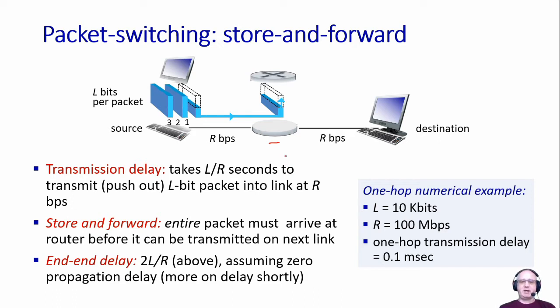I'll point out that some switches also have the ability to do something called cut-through switching or cut-through forwarding, where parts of a packet can already be sent out across the next link even before the tail of the packet has arrived. So a packet that's being pushed out here, when it arrives here, part of the packet may already be leaving even before the tail end of the packet has arrived.